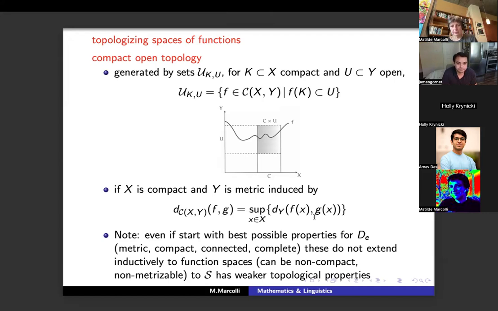You take the sup of the distances. So if you are in this case, where X is compact and Y is metric, then you get something that's still metric.